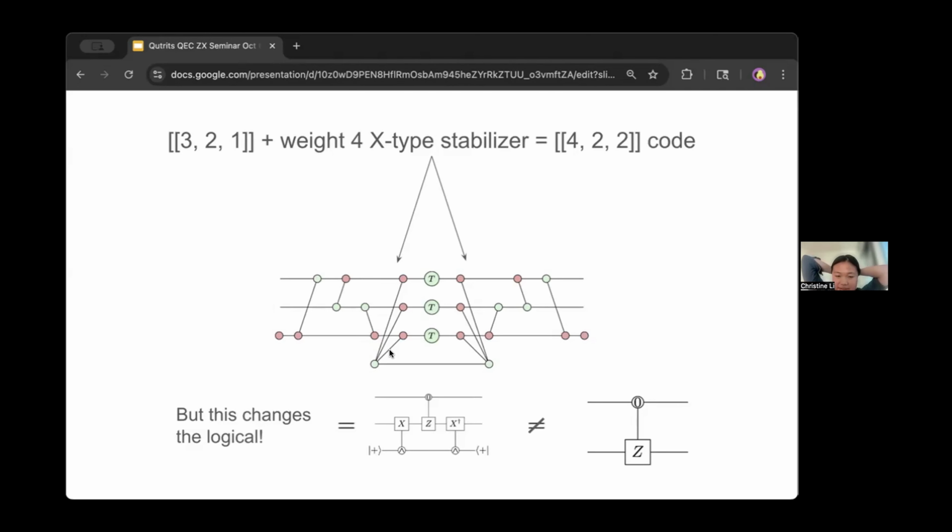I think this just came from rewriting and then replacing the middle part with the zero controlled Z. But it is still supported on all three, even if it's this bottom representation: if you replace it with a full circuit and then rewrite it, it's still supported on all the physical qutrits.